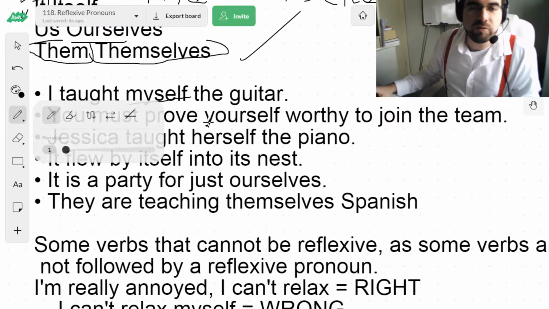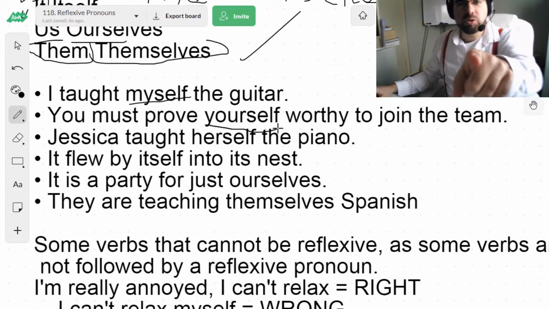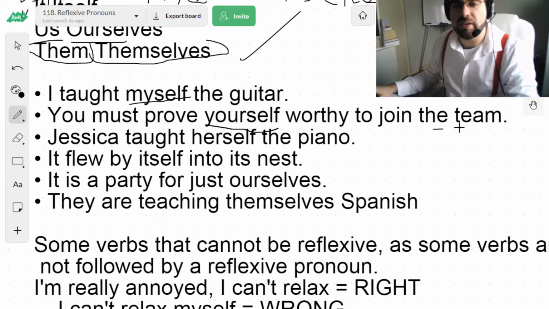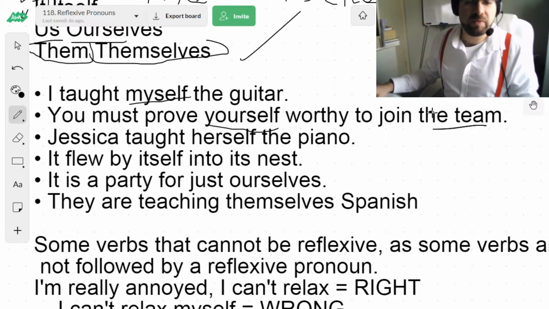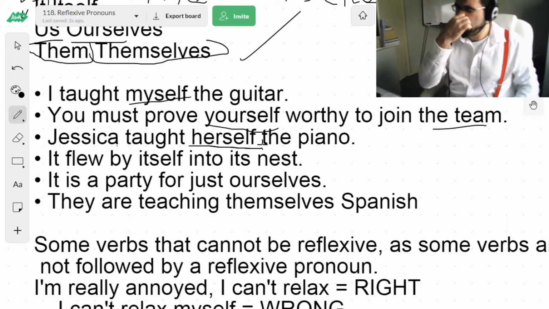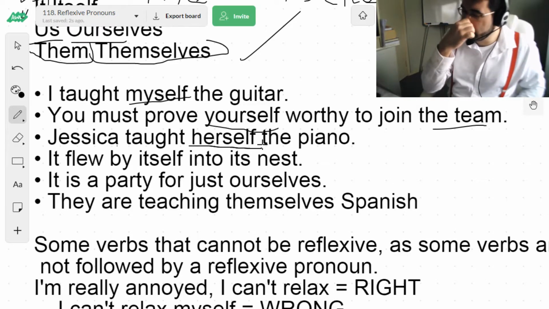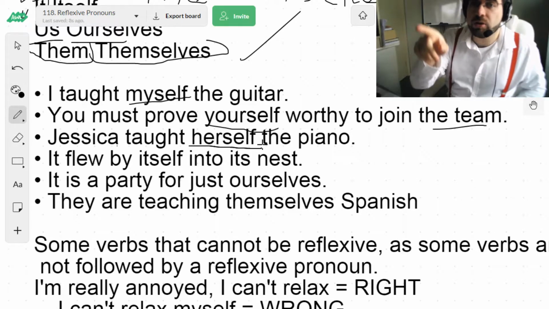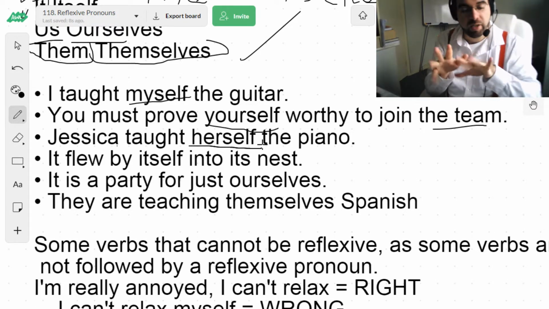You must prove yourself. You must prove yourself worthy to join the team. Jessica taught herself the piano.